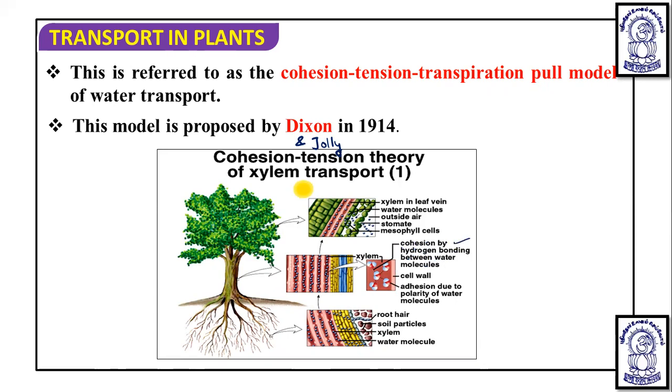But there is also a cell wall. When a water molecule attaches to the cell wall, there is a dissimilarity in the surfaces. So adhesion is due to the polarity of the water molecule, and when the water molecule attaches to the cell wall, adhesion occurs. In the leaf, in the xylem of the leaf vein, you will see water molecules moving outside through the stomata, and there are mesophyll cells. So this cohesion tension will be responsible for this transpiration pull.